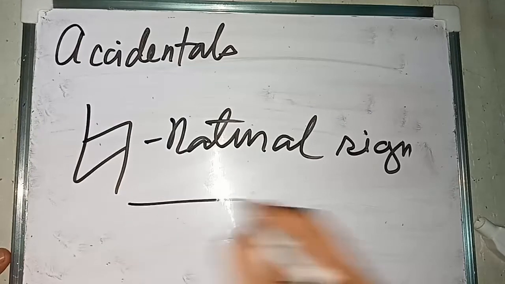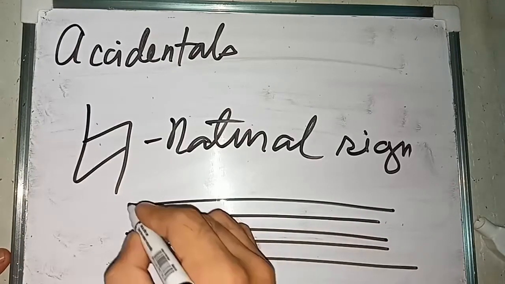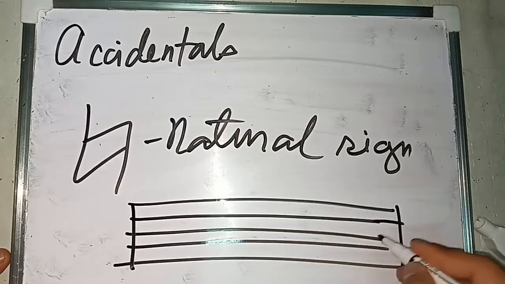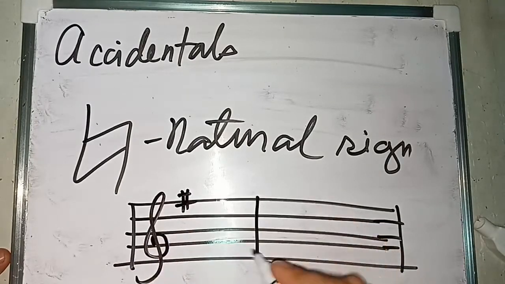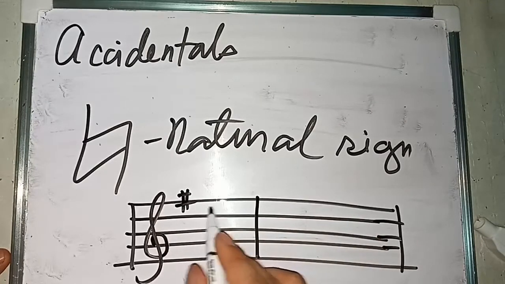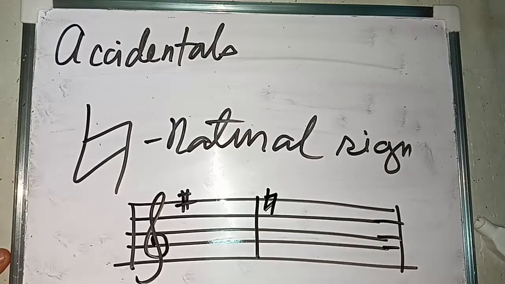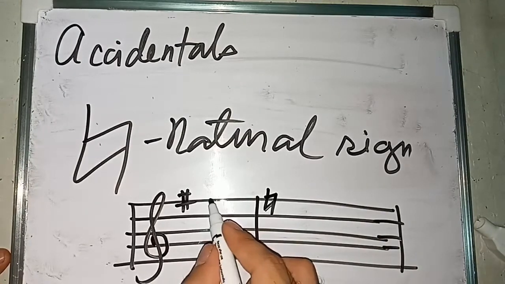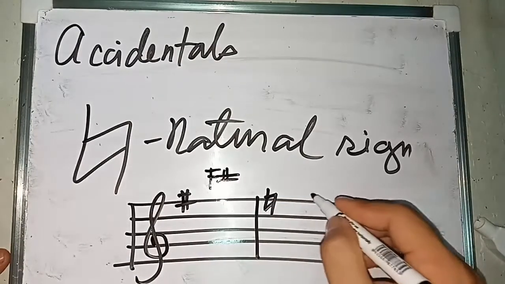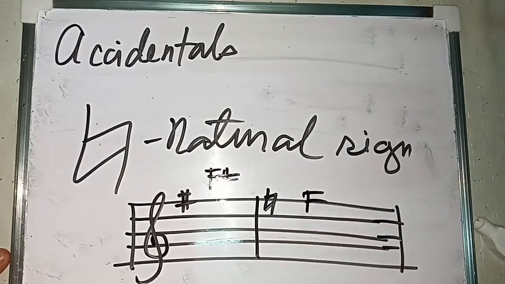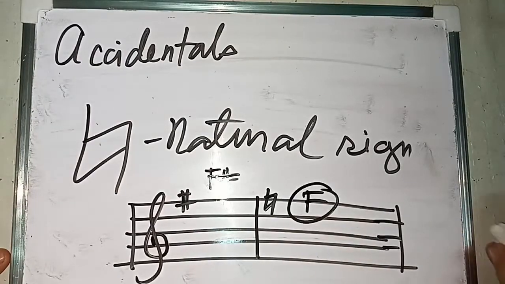So for example, we have a sharp on the first measure, but on the second measure it changes into natural. So it means the note in here, which is F, from being a sharp, becomes a natural F. Okay?